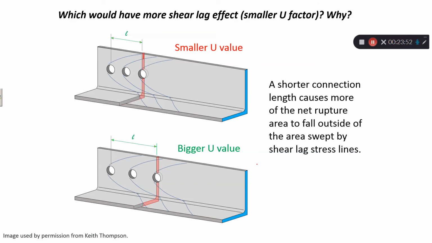In other words, longer connections spread the stress more efficiently, so the cross section is stressed more evenly than with shorter connections.